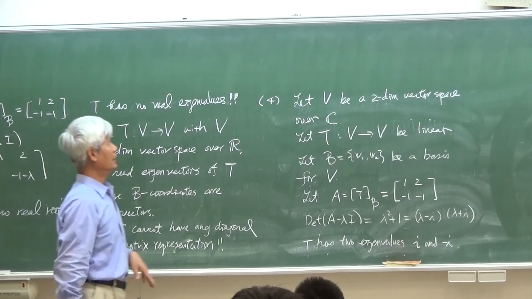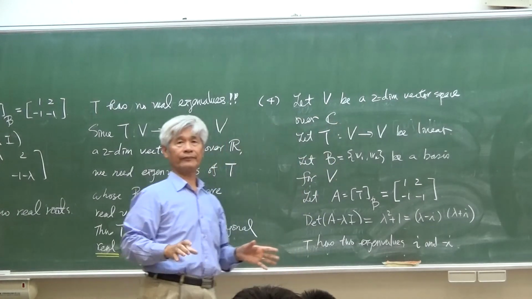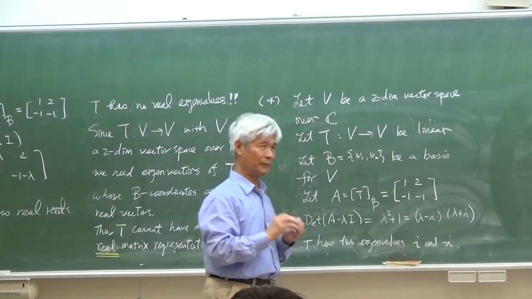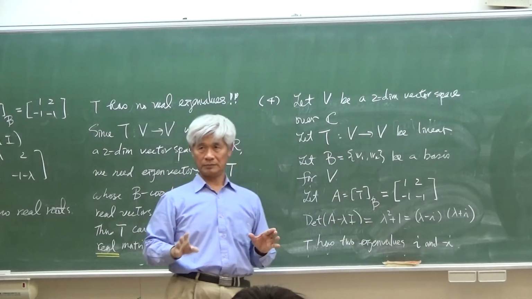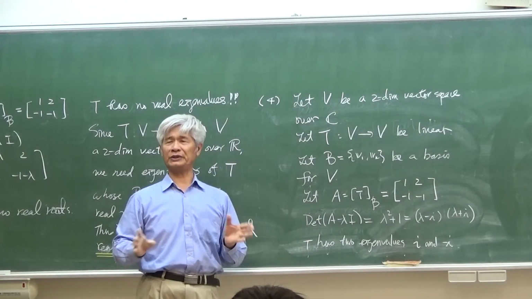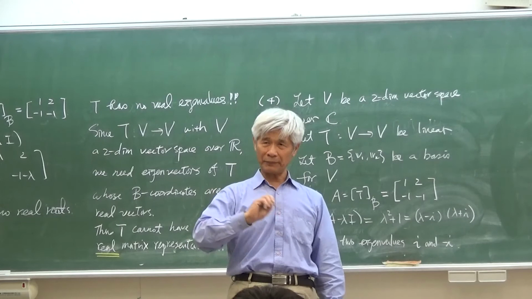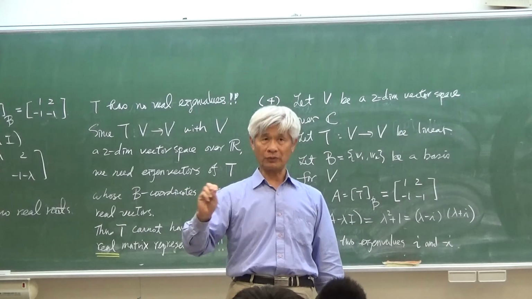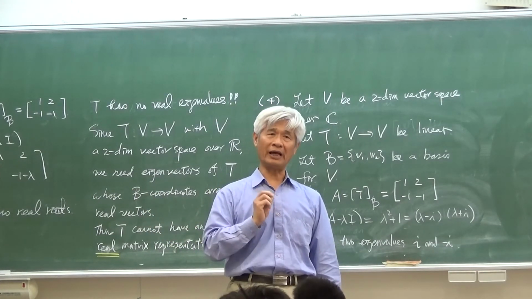But if you are considering complex vector spaces, and linear operators on complex vector spaces, then algebraically you have no restriction, because every polynomial with complex coefficients can be factorized into linear factors. This is called the fundamental theorem of algebra.